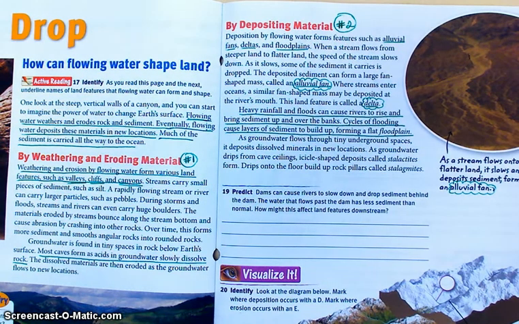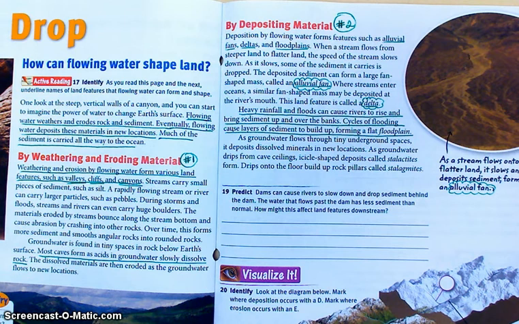Heavy rainfall and floods can cause rivers to rise and bring sediment up over the banks of a river. And cycles of flooding cause layers of sediment to build up, forming flat floodplains. Okay?